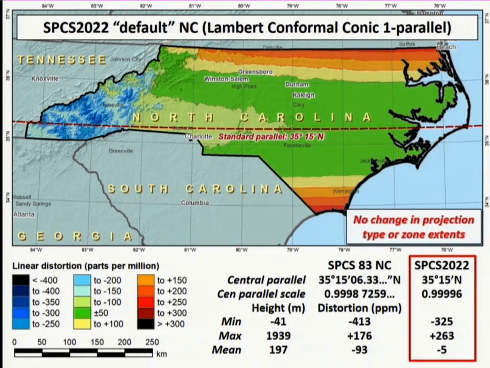So this is kind of the default state plane coordinate system that NGS has presented to us. As you can see, it's a one parallel system, and you can see a lot more green area, which means it has minimized the distortion. Obviously, up in the mountains, you still see some distortion, and then the areas where the largest distortion is are the extremes along the Virginia border and the South Carolina border.